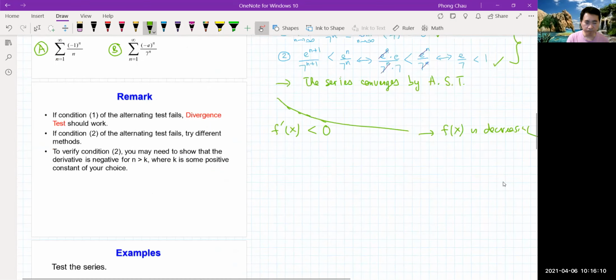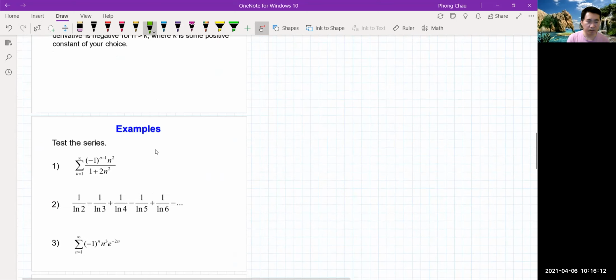Okay. Now let's look at these examples here. The first one, we have this series: (-1)^(n-1) n squared over 1 plus 2n squared.